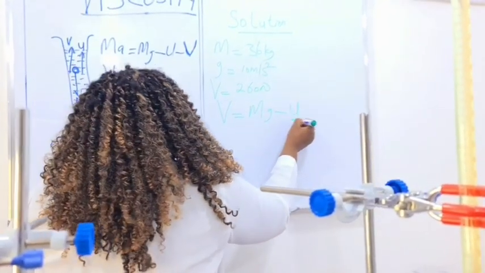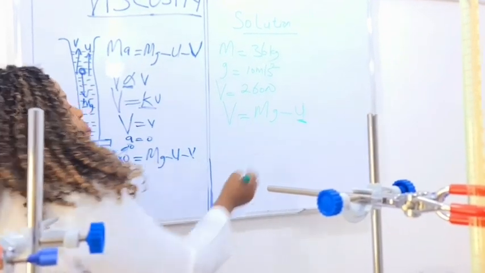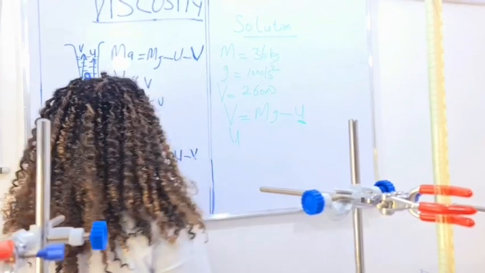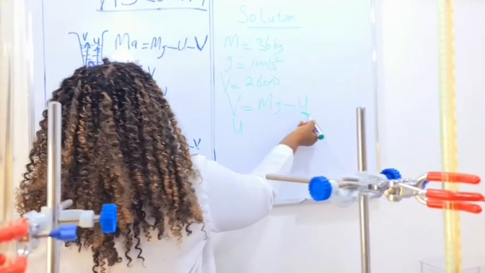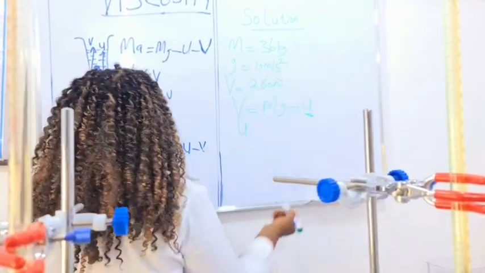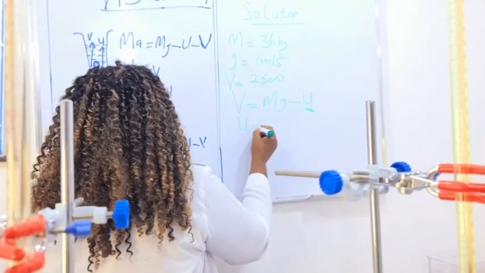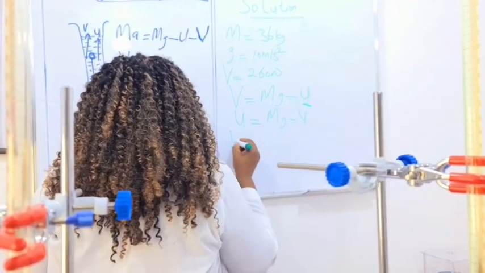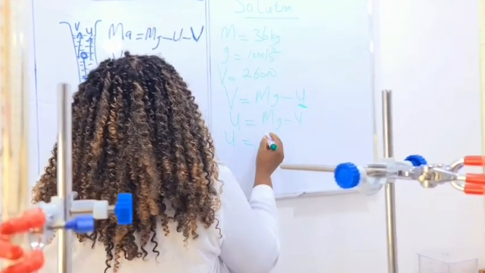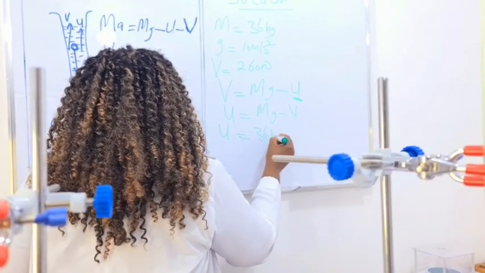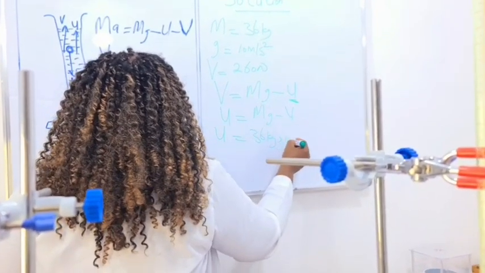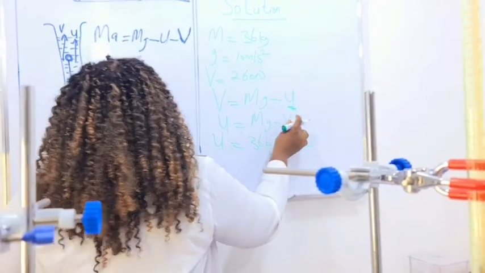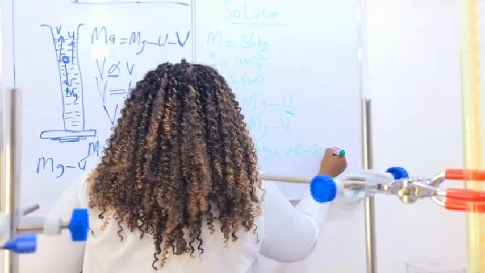You are asked to find the upthrust. So you make U the subject of the formula, minus U crossing over and V crossing over. You now have that U is equal to mg minus V. And then U is equal to mass 36 kilogram times our g 10 meter per second squared minus V. Our V is 260 Newton.